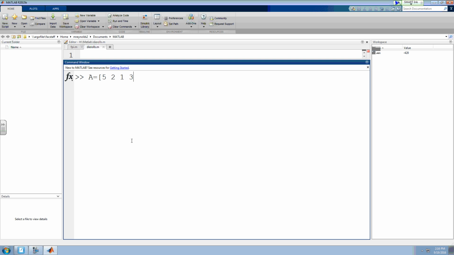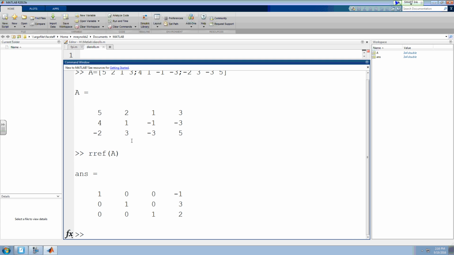5, 2, 1, 3, 4, 1, minus 1, minus 3, and minus 2, 3, minus 3, 5, right? And I'm going to do RREF of this matrix A. And there it is.